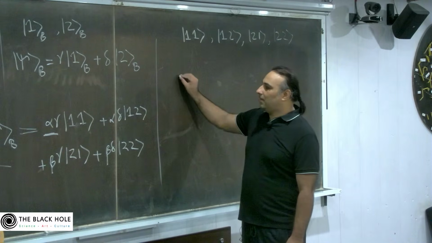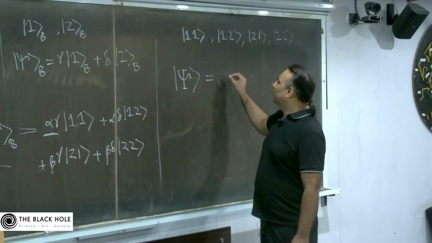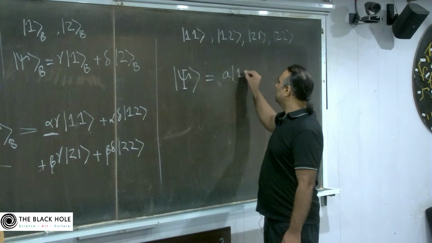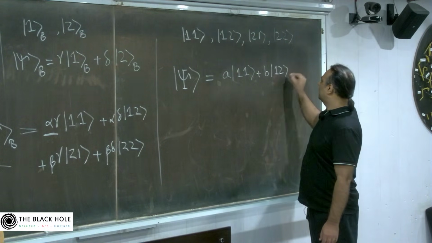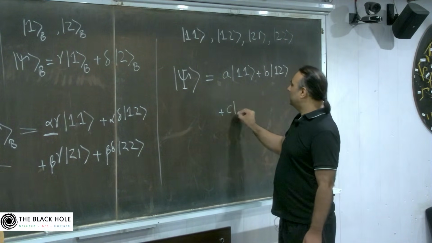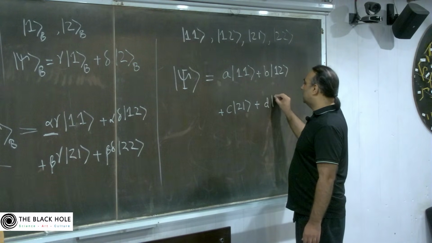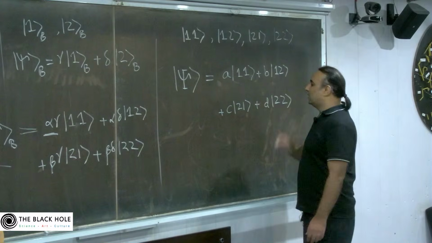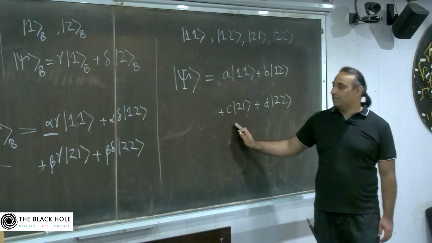So in general, let's call it psi. We can have A|1,1> plus B|1,2> plus C|2,1> plus D|2,2>. Okay, so that's the most general form.